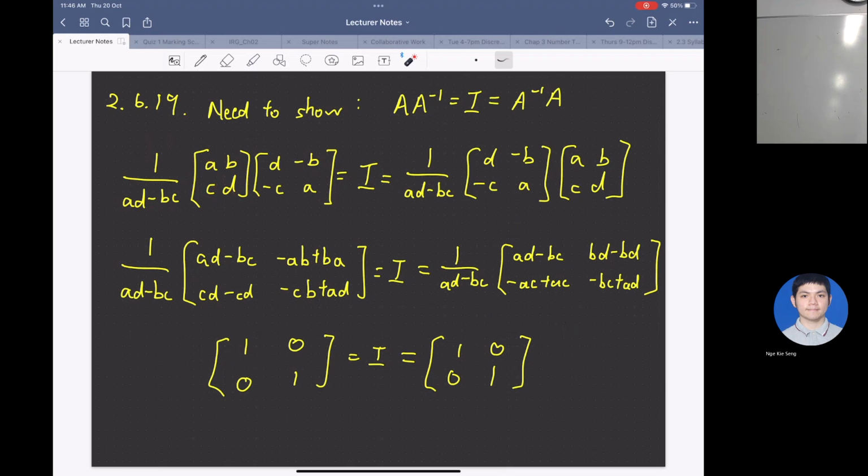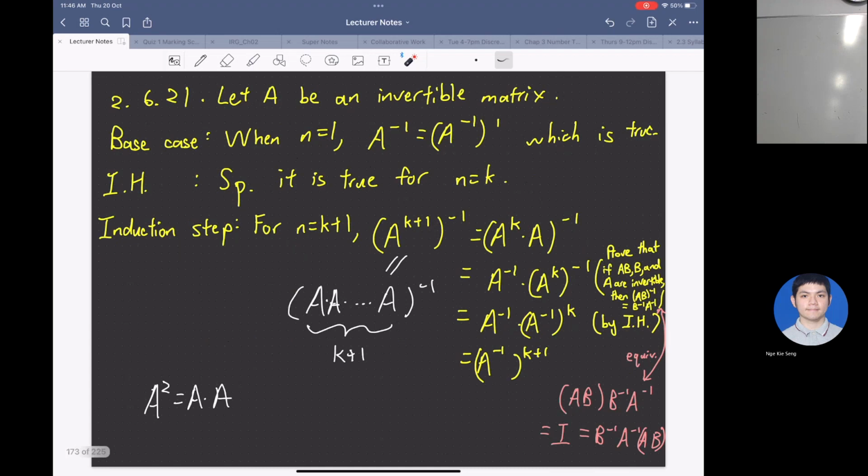To show that it is an inverse, just check by definition. Multiply from the right, you get the identity. Multiply from the left, you also get the identity. Just some matrix computation.